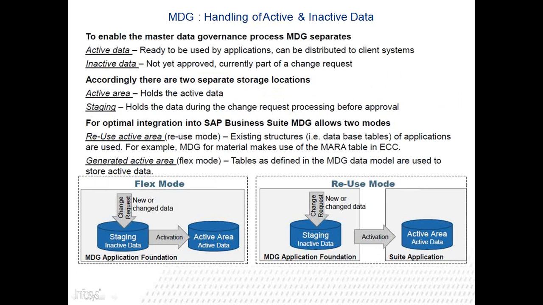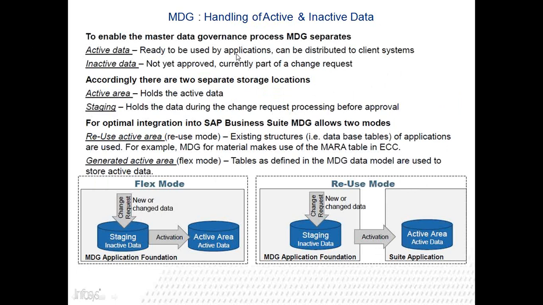Going forward, try to remember what active data is and what inactive data means. Active data is this: if I create a material or customer or any other master data, whenever I complete my approval process and activate that record in MDG, it gets replicated to the active area.